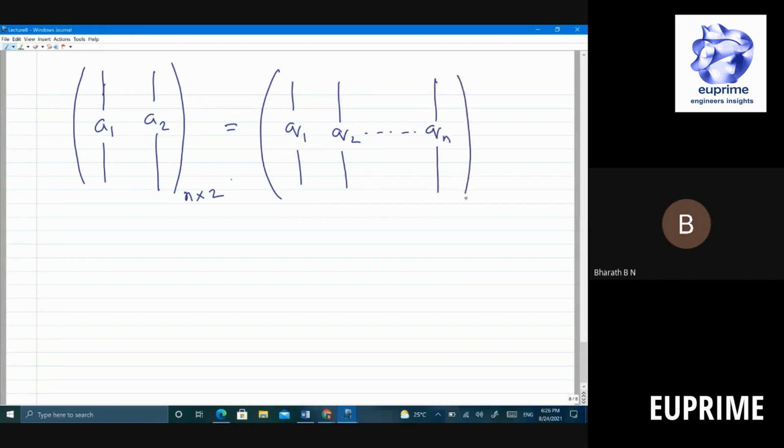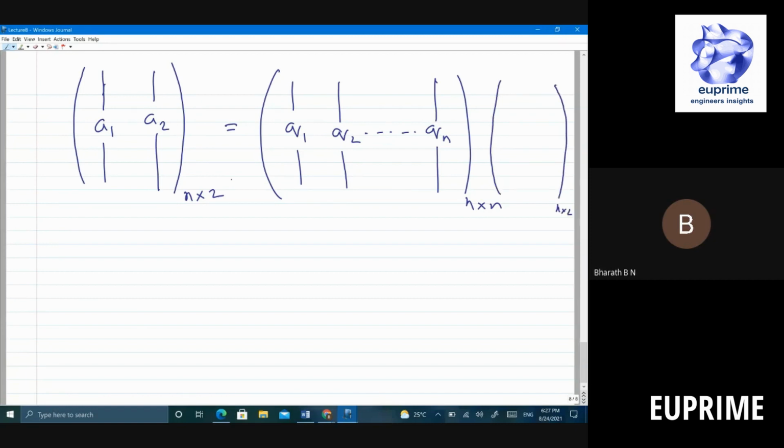What is the size of this? n cross n. What should I get now? I should get n cross 2. Now what should I multiply here? It's n rows and 2 columns. You agree? So that means I should have a very tall matrix, something like this, n rows and 2 columns.